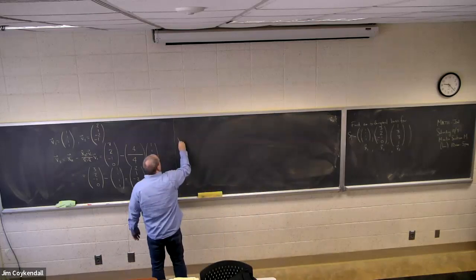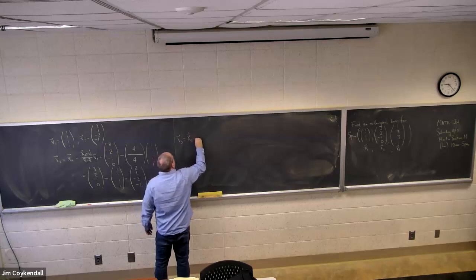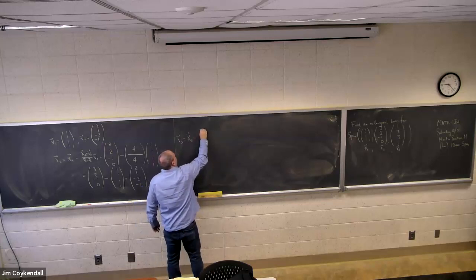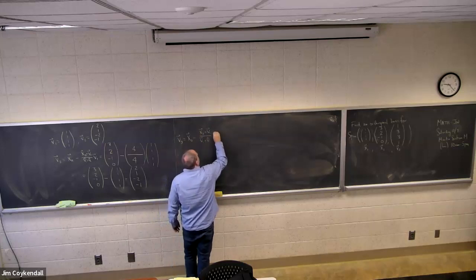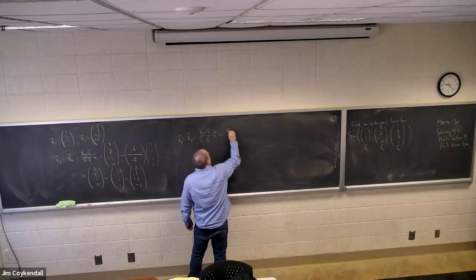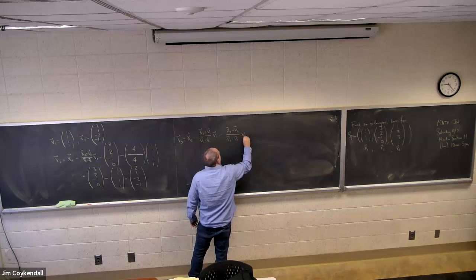So I'll write this one out explicitly. V3 is X3 minus X3 dot V1 over V1 dot V1, times V1, minus X3 dot V2 over V2 dot V2, times V2.